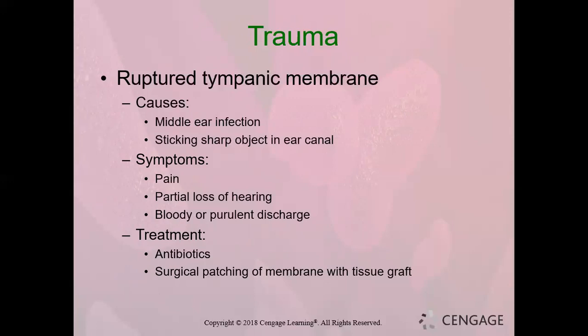I thought I had ruptured my tympanic membrane, but I had not. But it can be caused by many things like ear infections, or they say you can do it with Q-tips and things of that nature. They're going to have pain, partial loss of hearing, and drainage. Purulent drainage just means that it's going to have that yellow or green tinge to it. Antibiotics, they're going to treat, and they're going to do a surgical patching.